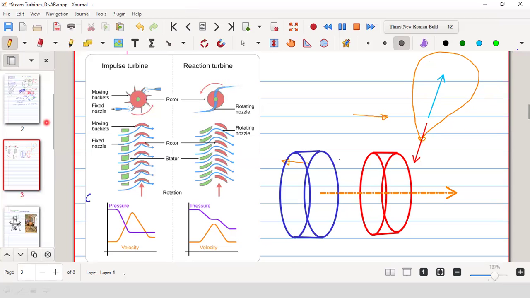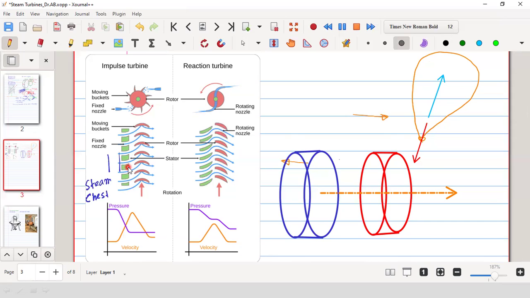Here in this part, the pressure is constant. Now, when it is passing through the nozzle, there is a pressure drop, and that pressure drop will result in an increase in velocity. So pressure will reduce and velocity will increase. That is called the expansion process.